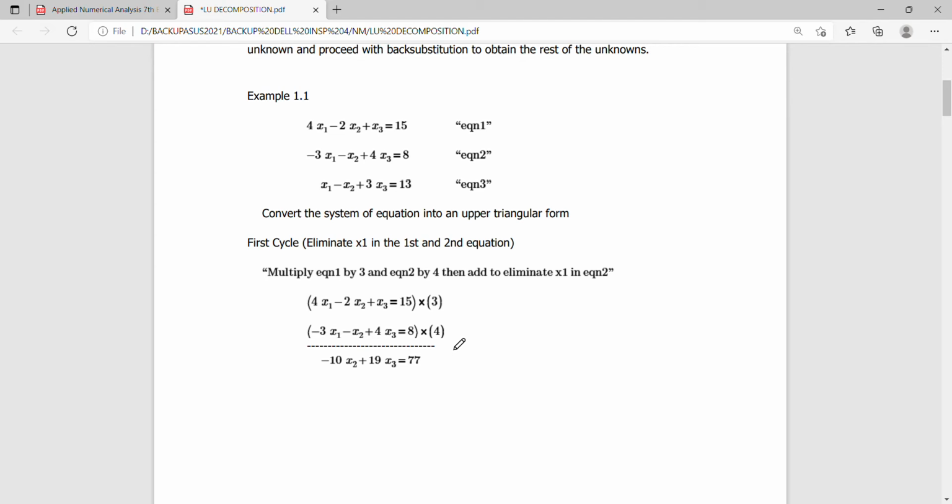And upon adding, taking note that your x1 coefficient has the value of a positive and a negative number, then by simply adding it after multiplying it with this coefficient, we take note that the x1 here will become 0. Hence, it will be eliminated.